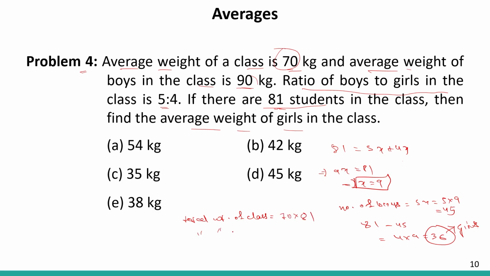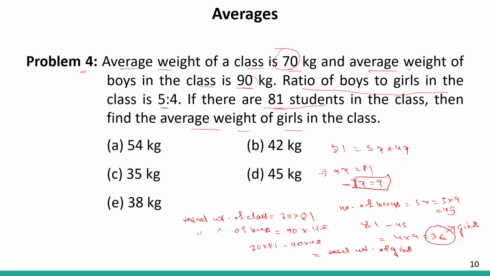So total weight of boys is equal to what? 90 into number of boys, which is 45. So subtracting the total weight of boys from the total weight of the class, we can evaluate it. So 70 into 81 minus 90 into 45 is equal to total weight of girls.